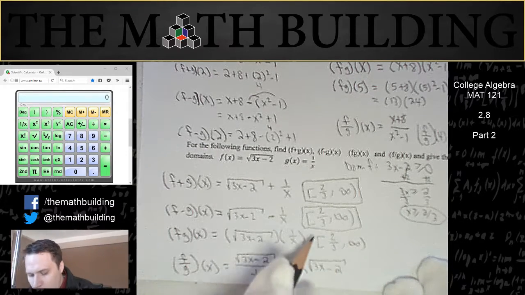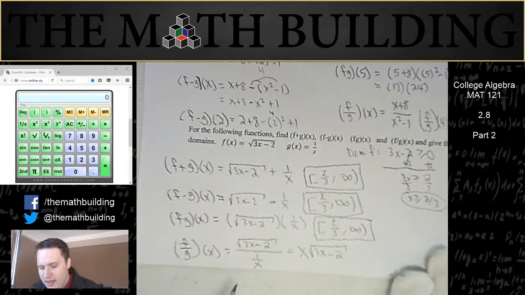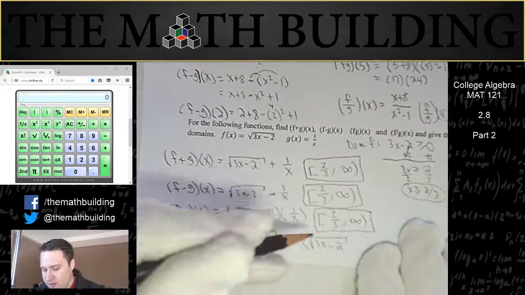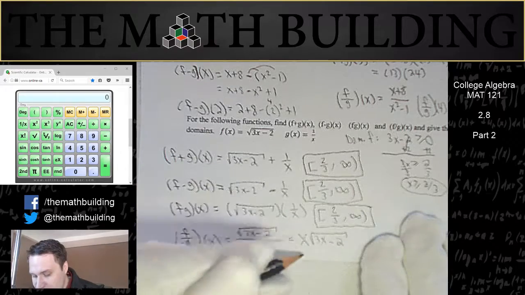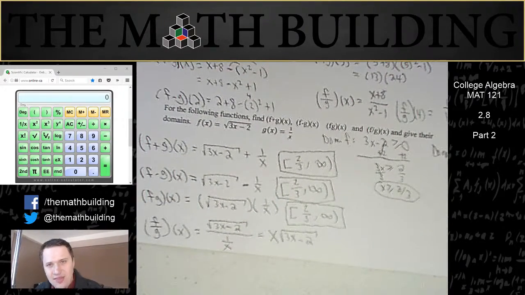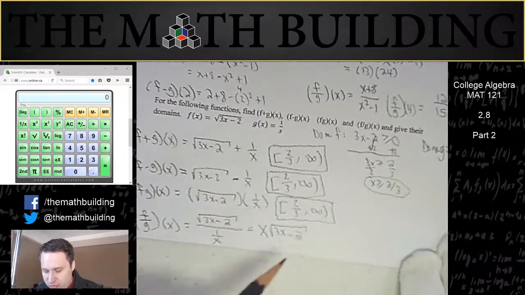These domains won't always be the same, but a lot of the time they are. Now this one's a little tricky. In this one, our x became the numerator. So in this case, x could be 0. So this restriction no longer takes effect. However, because of the square root, we still have to be 2/3 or bigger because of this restriction.